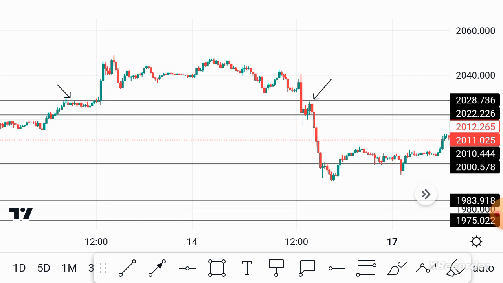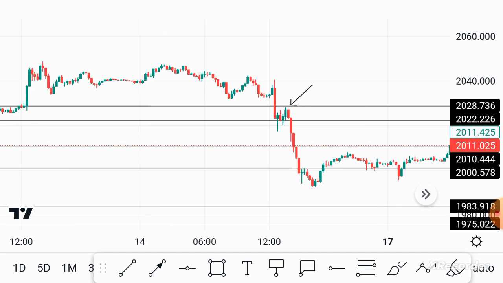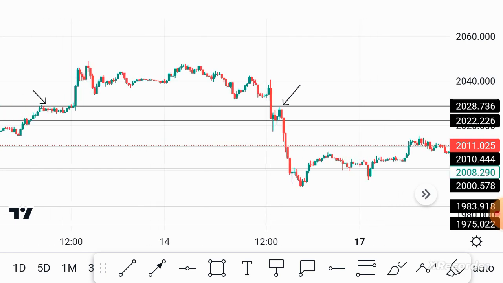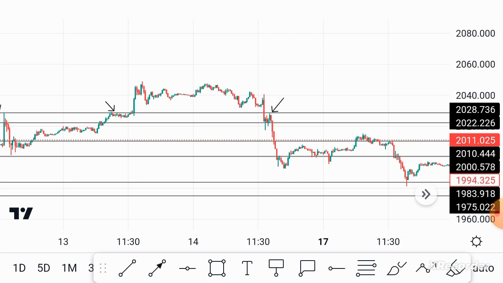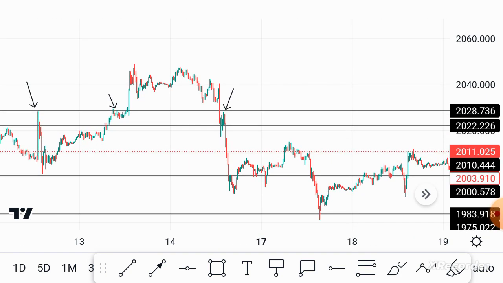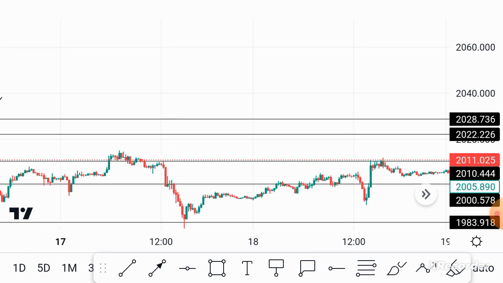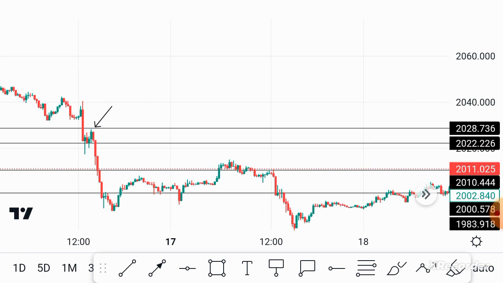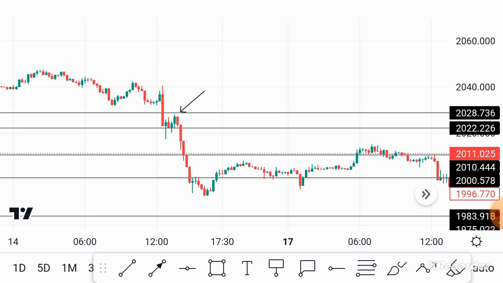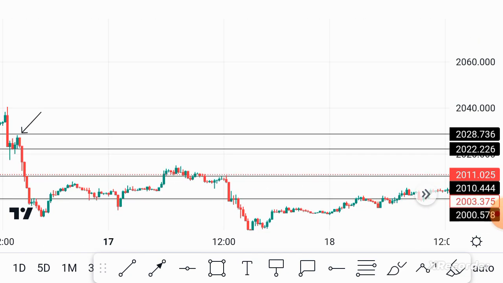Assuming I had made use of a rectangle tool, we would have had a touch on the rectangle. But it's still a pullback, so we had a pullback to the upside to respect the key level zone. Price went up, found resistance, and broke to the downside.